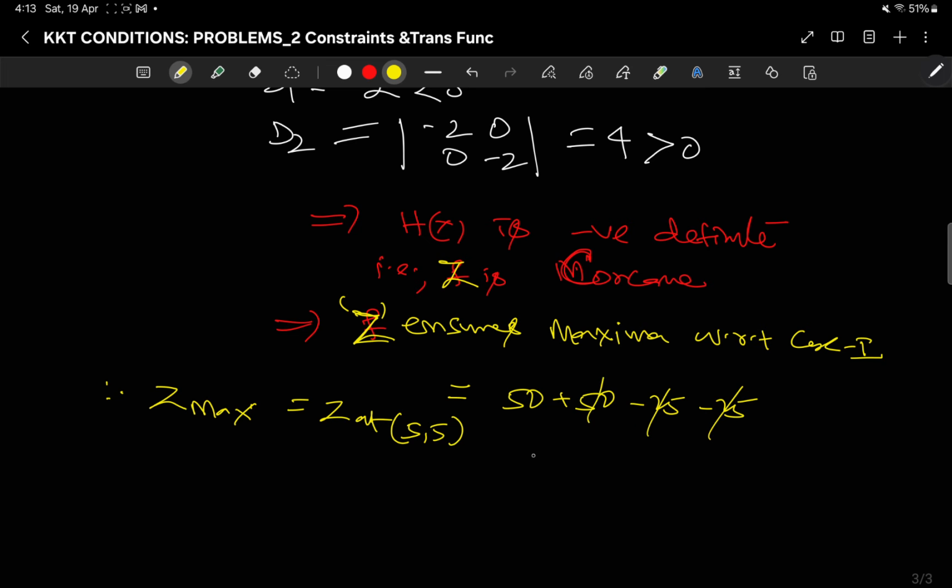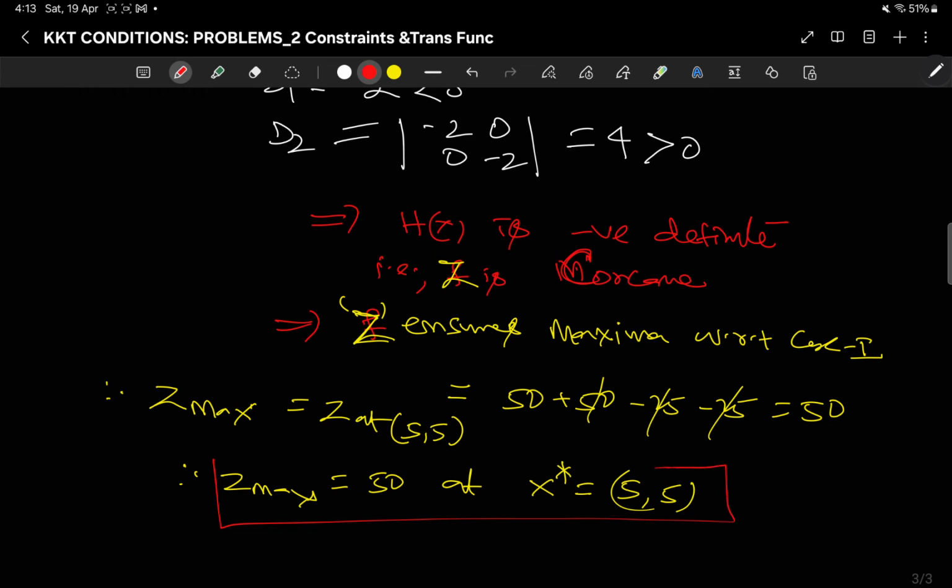So this cancels and is equal to 50. Therefore z max is equal to 50 at the extreme point x star equal to 5, 5. So this is the answer, the optimal solution. Now coming to solution 2.